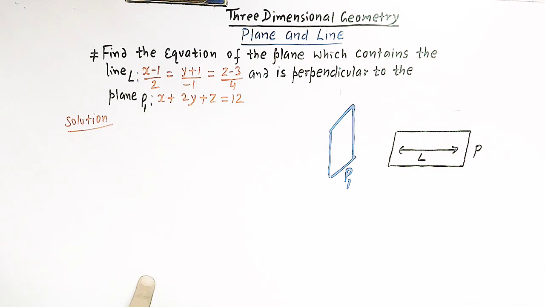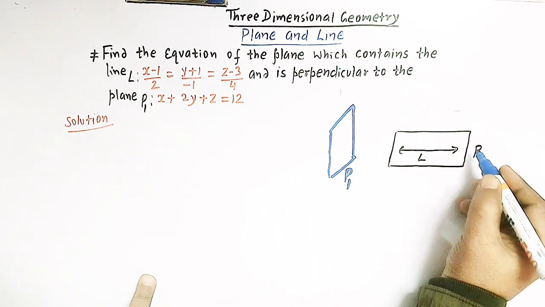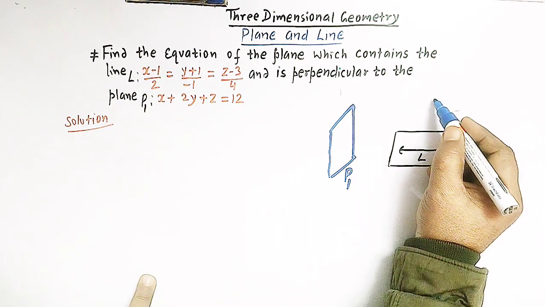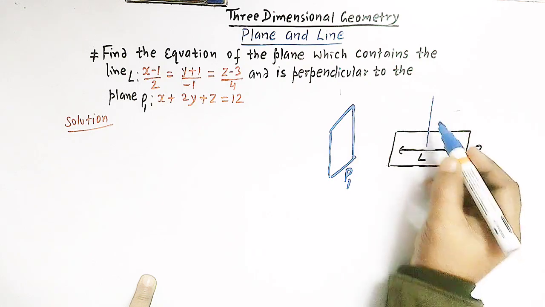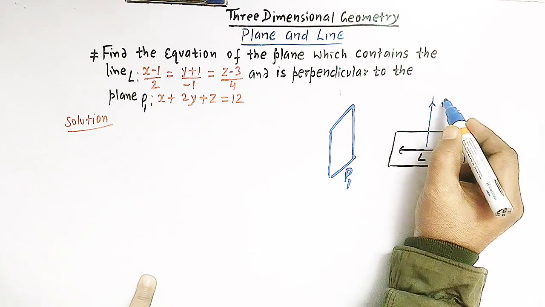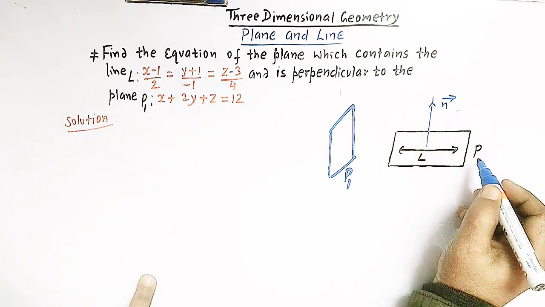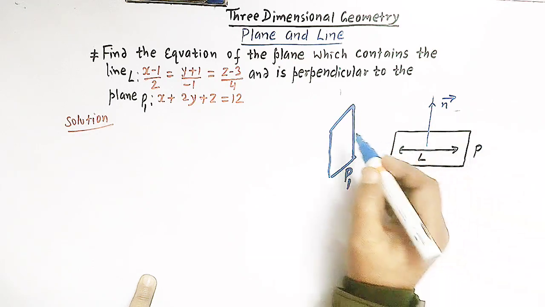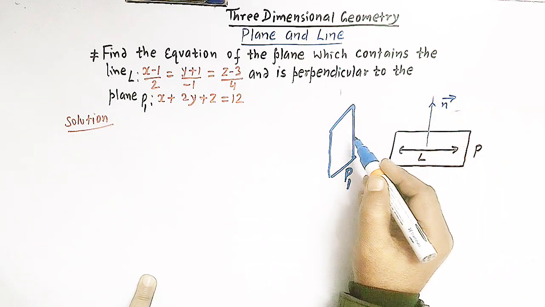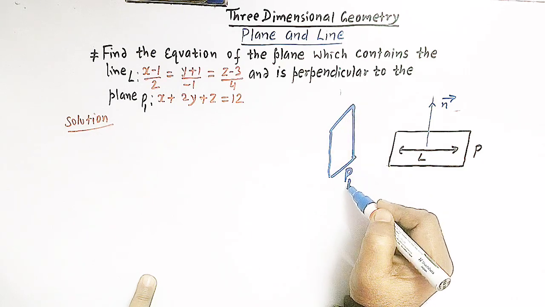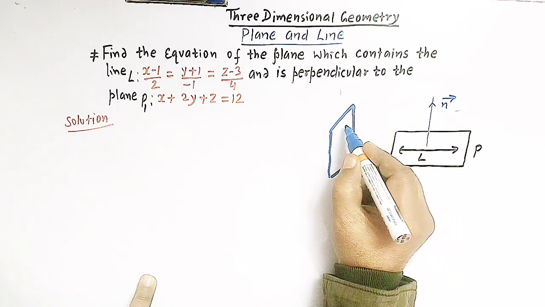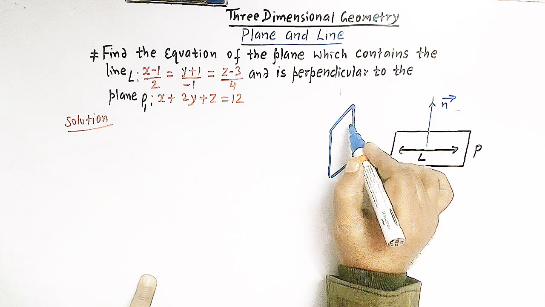Now let us assume that the normal to this plane P is given by the vector n, and the normal vector to plane P1 is given by the vector n1.